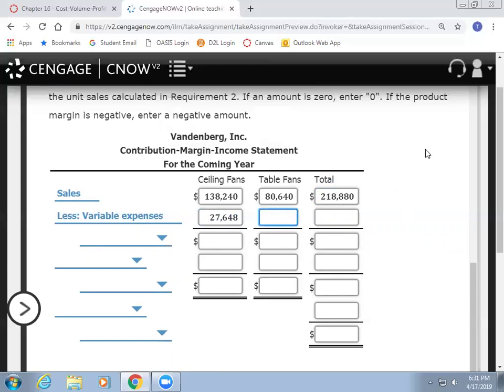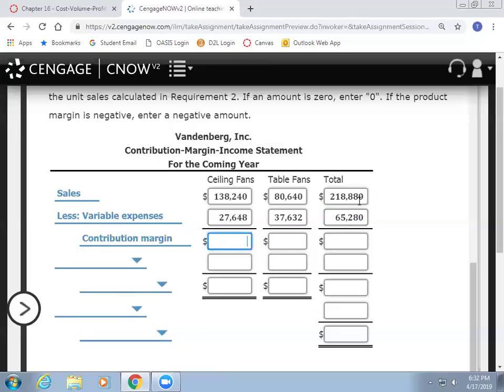For table fans, we have the 5,376 times a $7 unit cost, which is 37,632. So the total would be 65,280. Then next we do our contribution margin. For ceiling fans, you should get 110,592.